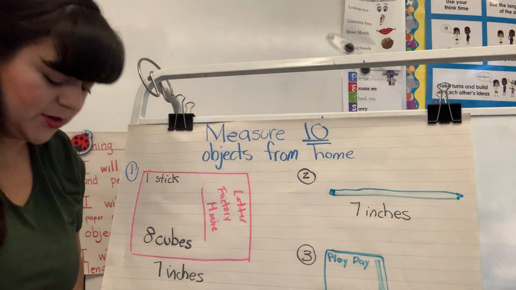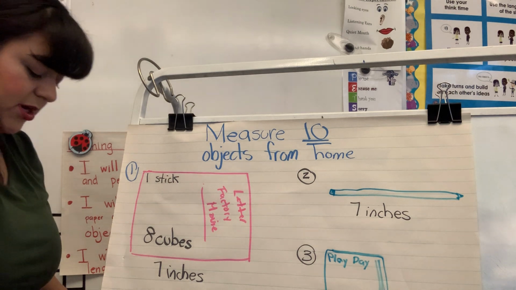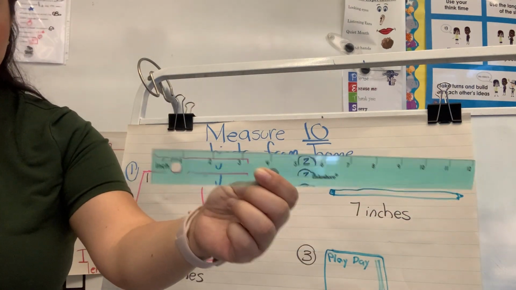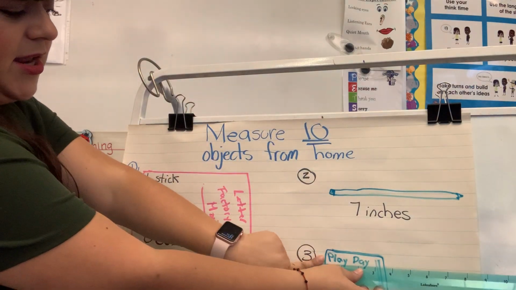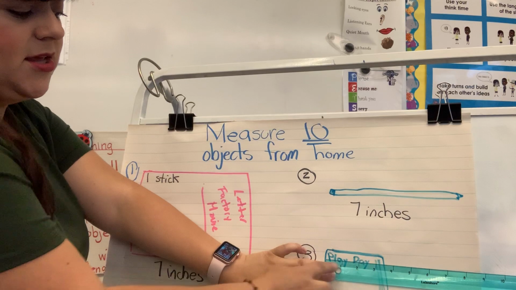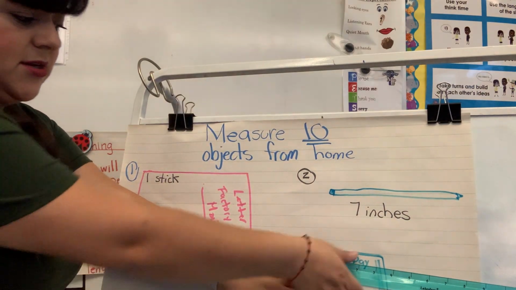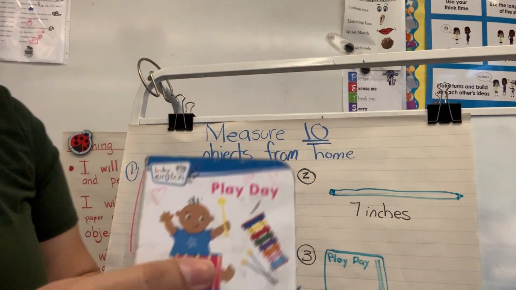Okay, so my job today is to measure. And again, I'm going to use a ruler to measure the book. So if I align it, this measures 3 inches. So here's my little book again.